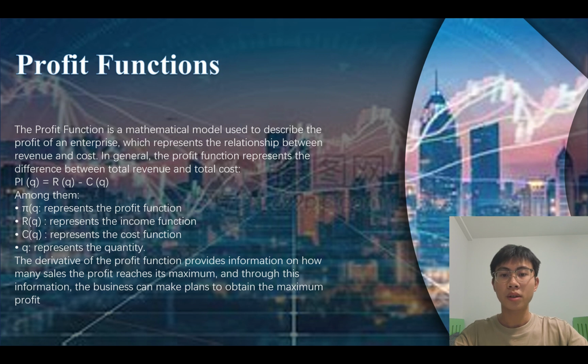Pi of Q equals R of Q minus C of Q. Among them, pi represents the profit function, R of Q represents the revenue function, C of Q represents the cost function, and Q represents the quantity. The derivative of the profit function provides information on how many sales the profit reaches its maximum, and through this information, the business can make plans to obtain the maximum profit.